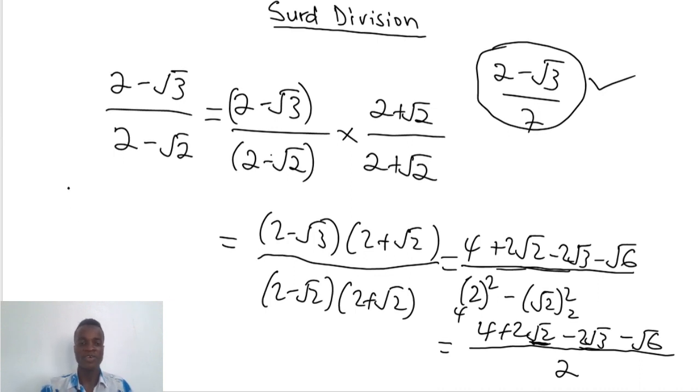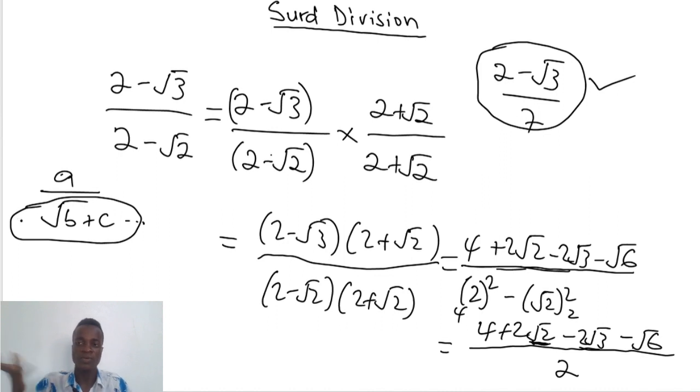So whenever you solve a particular question, I don't know which question you will meet in future, and at the end of the day you have something like A at the top and a root something B plus C at the bottom. Whenever you find a root at the bottom, they won't tell you anything in those questions. You have to know that in mathematics, we cannot naturally have a root at the bottom.